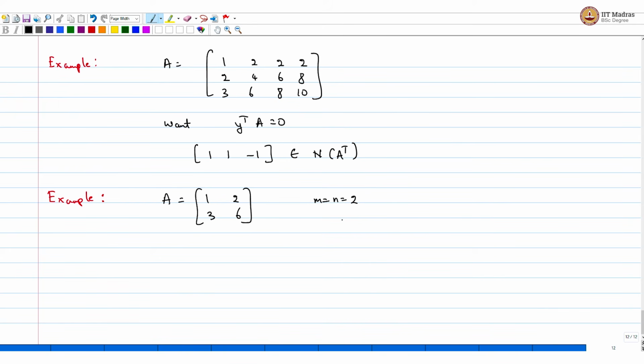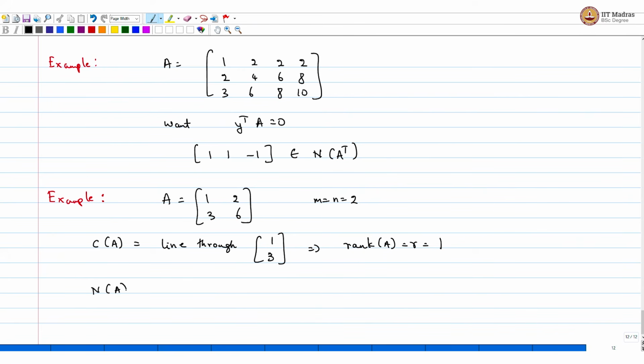The first thing: what is the column space of A? If you look at this, it's pretty simple. The second column is just 2 times the first. So the column space of A is just the line through 1, 3, which implies the rank of A equals R equals 1.